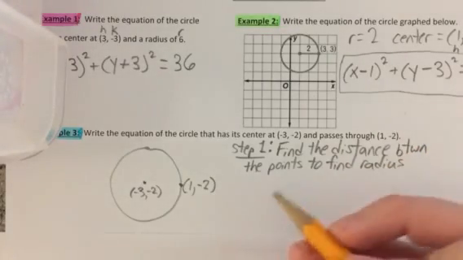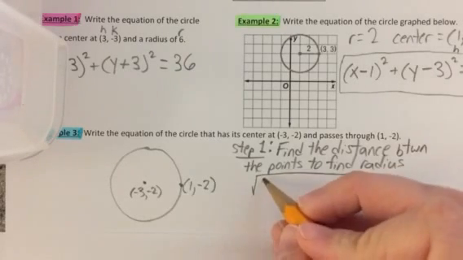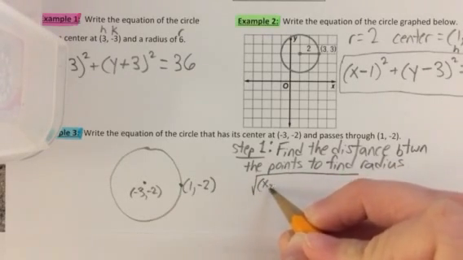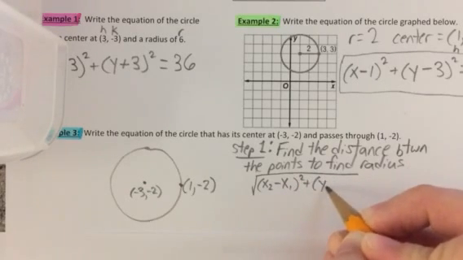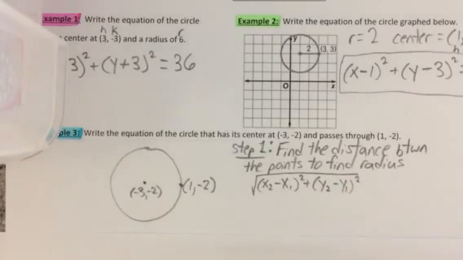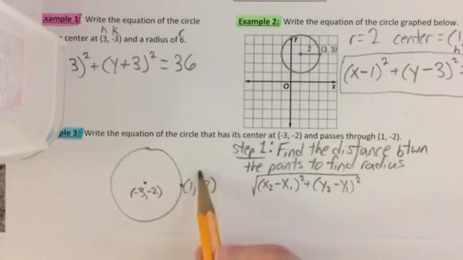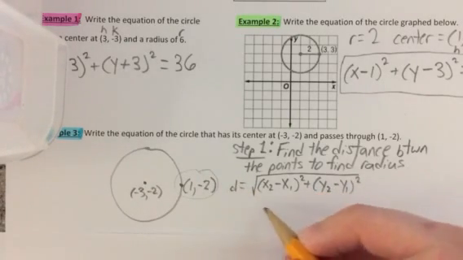Okay, so let's go ahead and do that. Distance formula, which is the square root of (x2 minus x1) squared plus (y2 minus y1) squared. Now we just carefully fill in our numbers here. I'll make this my second point and the center will be my first point. We can write distance equals.